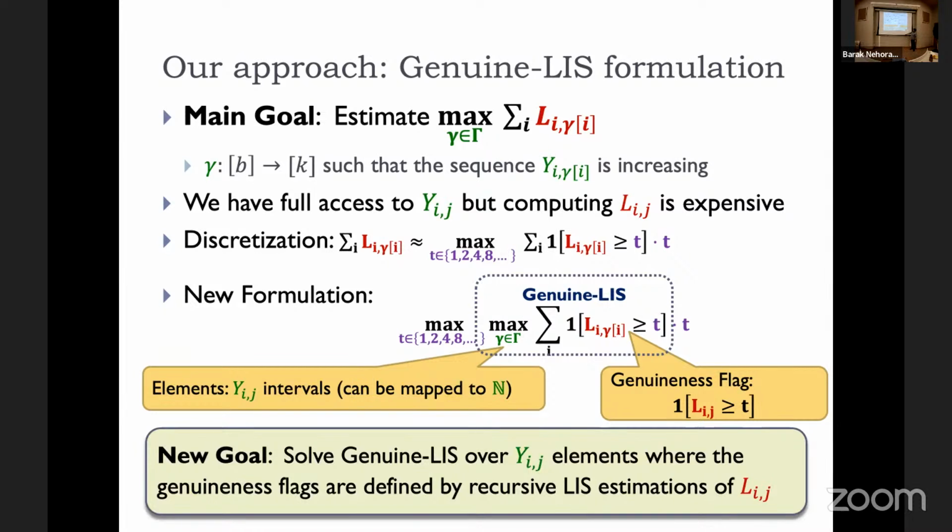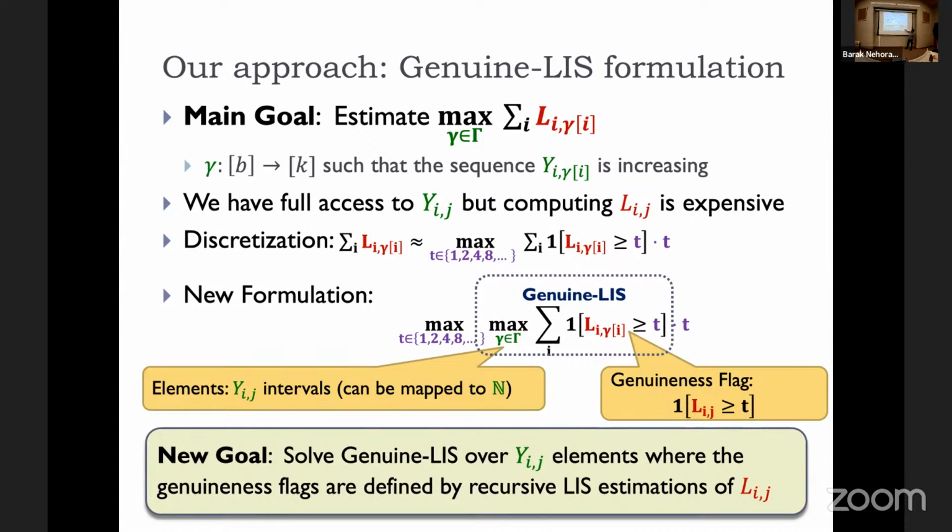So now the new goal is that these quantities are recursive to compute. Now our new goal for the global LIS problem, when we are maximizing over these gammas, is that we need to solve the Genuine-LIS problem, this one, the dotted rectangle. We need to solve the Genuine-LIS over these Yij elements, but forget for now the fact that they're intervals.